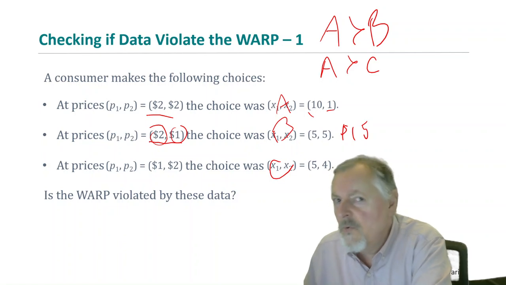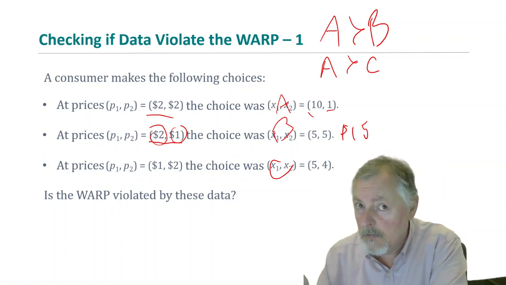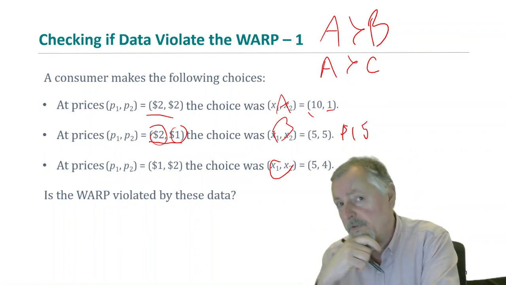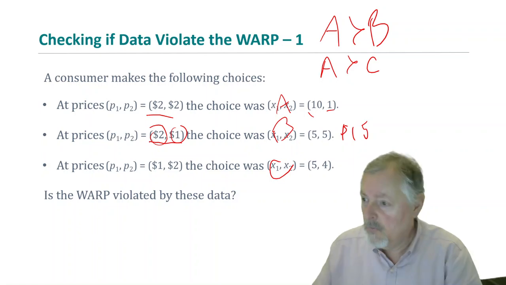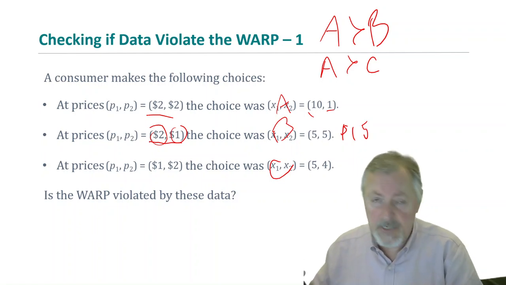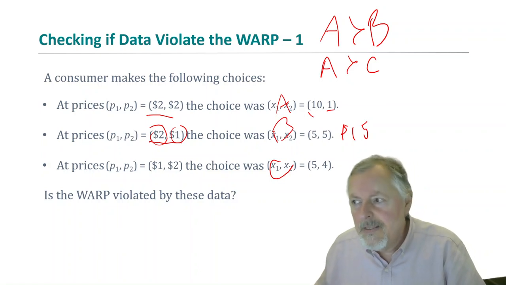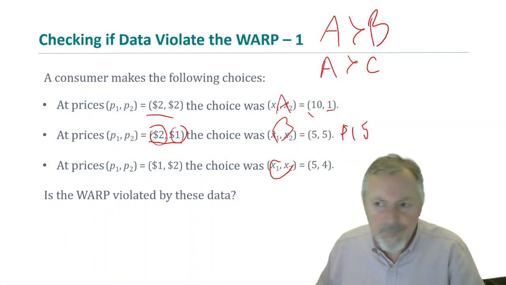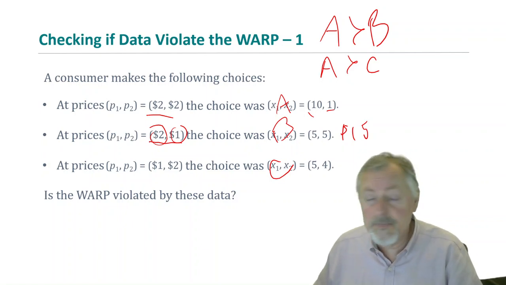Well, we don't know that you had $21. We know you had 15. But maybe you didn't have more than 15. So the fact that you picked B, we don't know for a fact that it was possible for you to pick A because it cost more. So that choice doesn't tell us anything about your preferences between A and B.